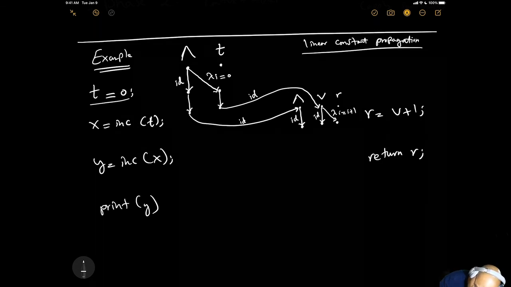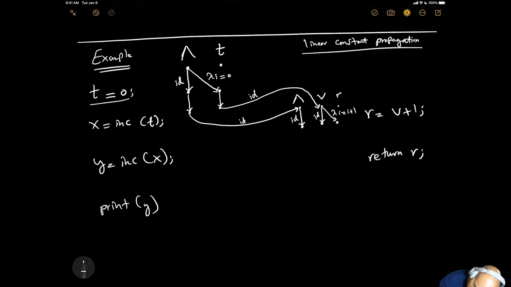Now if I move this forward to the point right before the next statement, I'm going to use ID, ID, ID. And then the return of R, well, that doesn't cause anything to happen. So again, all these are going to be propagated forward after the statement.